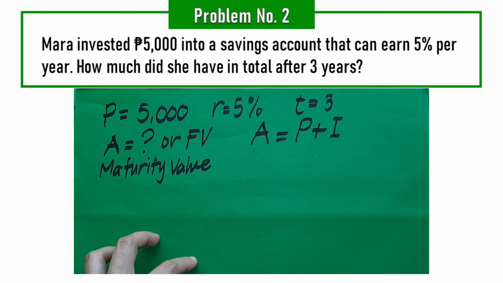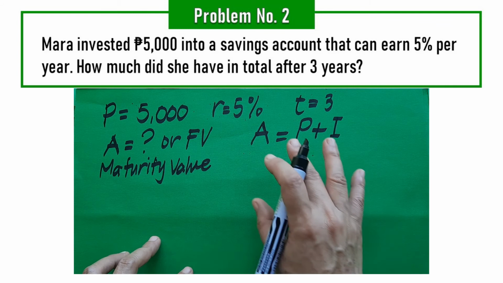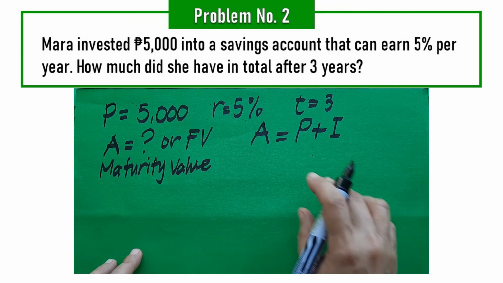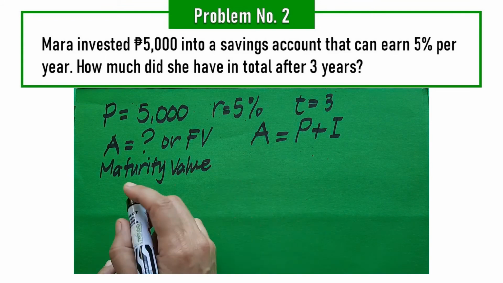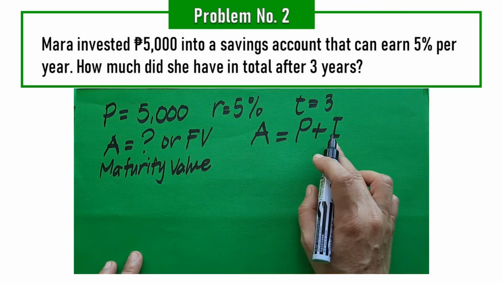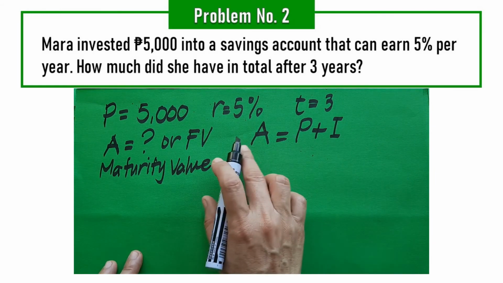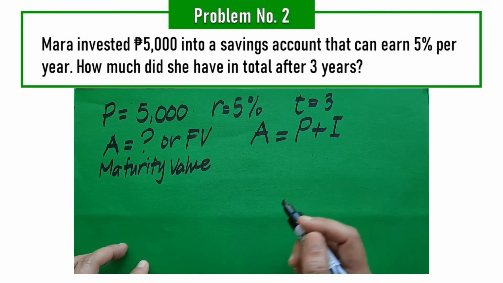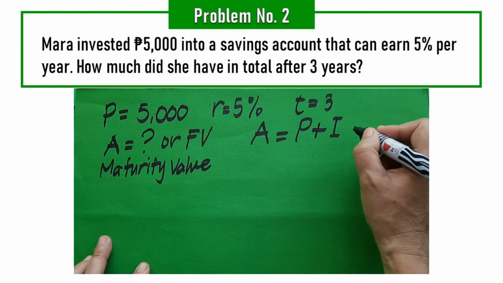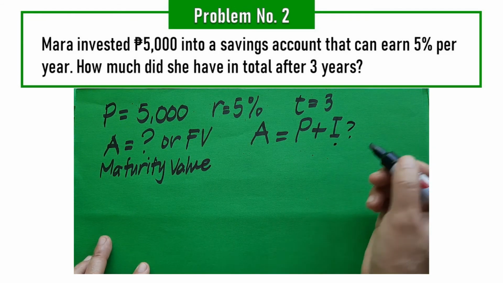We have another way of solving this, but for now, I will not use another formula. So, this is just one way you can solve this. I can look for I first, dina-add ko siya sa P para ma-answer ko yung A. So, first, I will look for the value of I, kasi hindi ko to alam.